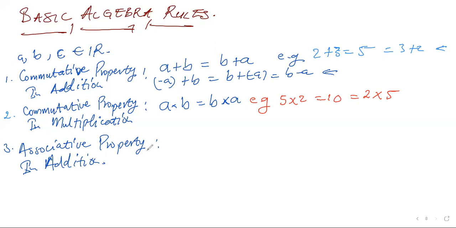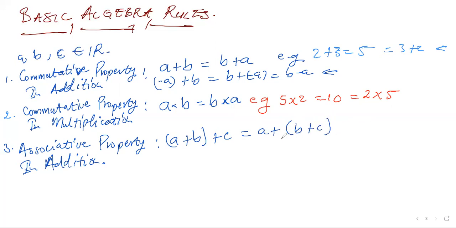This one talks about the brackets. It says that if we are to solve first a certain thing under addition, suppose we have 3 numbers, A plus B plus C, C being outside the bracket, these are equivalent to A plus B plus C, but the last 2 being in brackets.